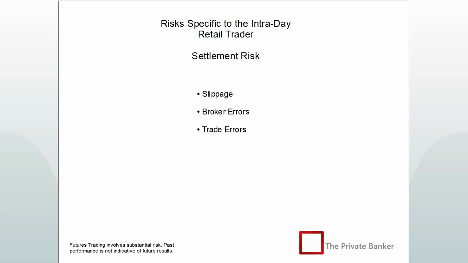The next type of risk a retail trader will face throughout each trading session is settlement risk, and that has to do with slippage. Let's say you're trading crude oil and you've got a stop sitting at 100 even, and the market comes down there very quickly, liquidity is drying up and the market's crashing against you.